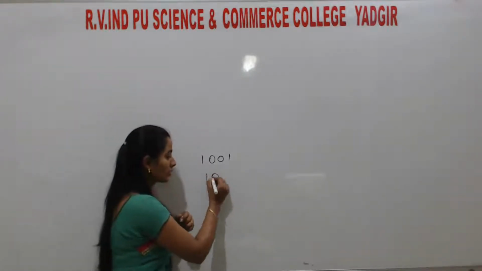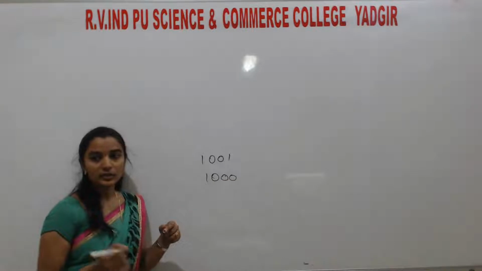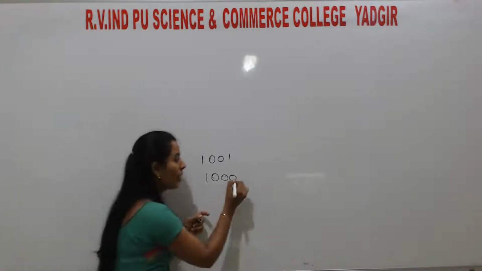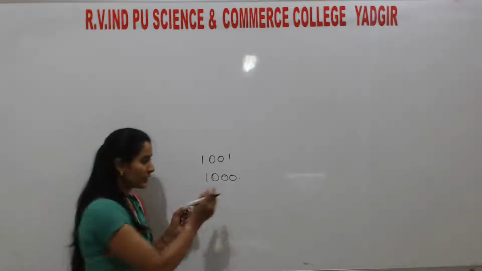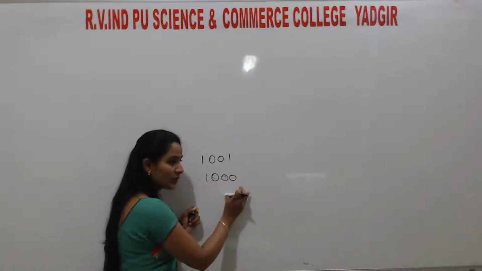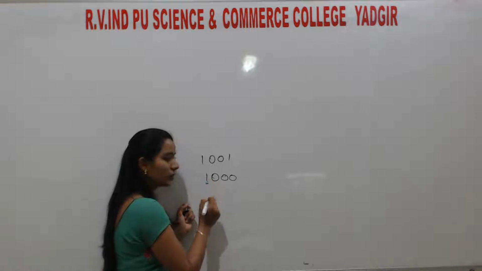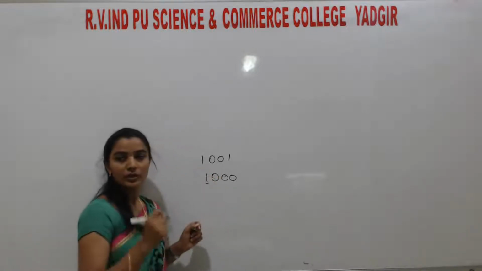But 1000 has only 1 significant figure. If a decimal point is there, then the significant figures are 4. Understand? Without the point, this 1000 has only 1 significant figure because it can be written in 1 into 10 power 3 form.